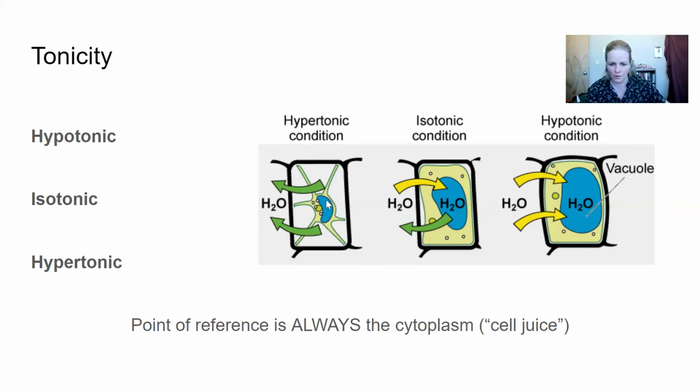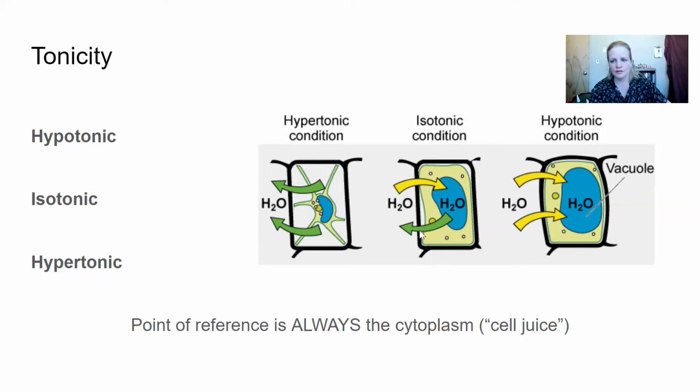Okay, so this is why we don't drink salt water, because you probably have heard that if you drink salt water, that's going to make you more dehydrated. And this is exactly why: you're creating a hypertonic condition inside your cells. The water inside your cells will leave your cells, and then you become more dehydrated.